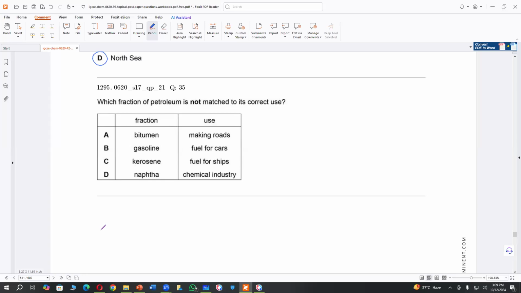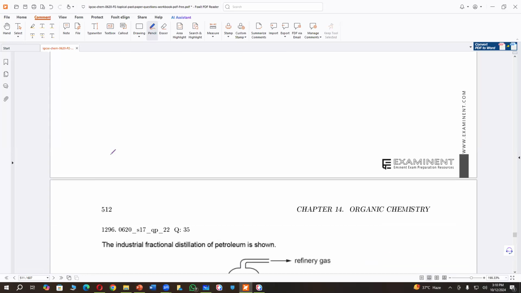Let's see. Yes. Why? What is kerosene used for? Kerosene is used in jet fuel. Oh, okay. This is a memory table.